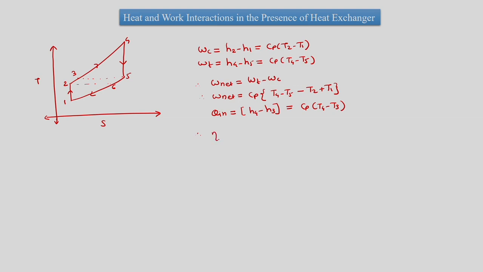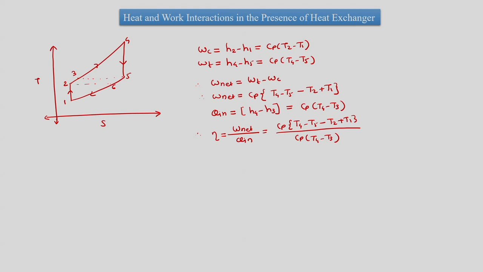So this alters the efficiency, which is W net upon Qin, where W net is Cp into T4 minus T5 minus T2 plus T1, divided by Cp into T4 minus T3.